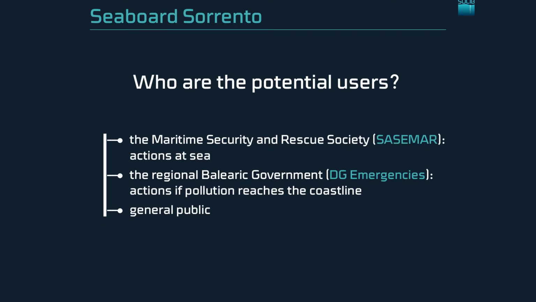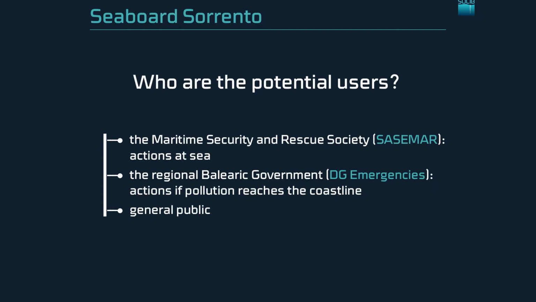First was the Maritime Security and Rescue Society, which is called SASEMAR in Spain. They are responsible for all the actions at sea. So it means we cannot go to sea with our ship. They are responsible. So if they ask us to do something, we will, but we cannot do anything without their approval. The second was the regional Balearic government.